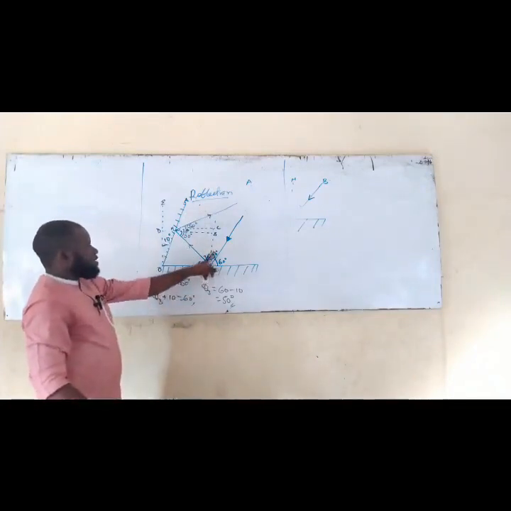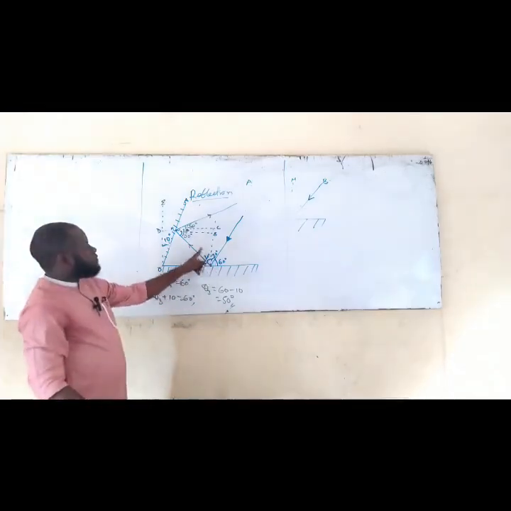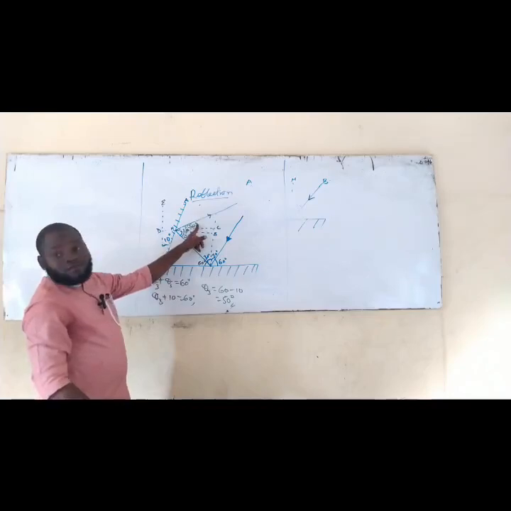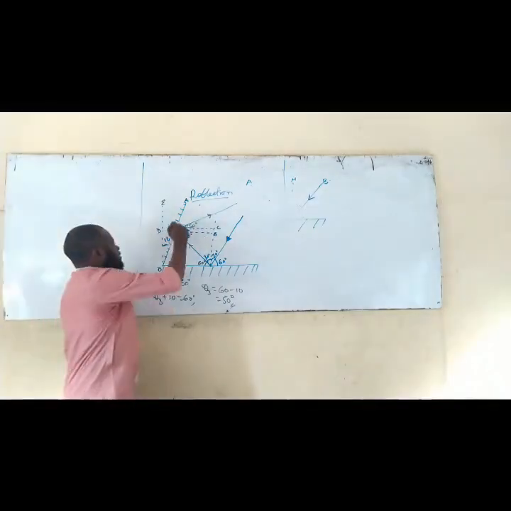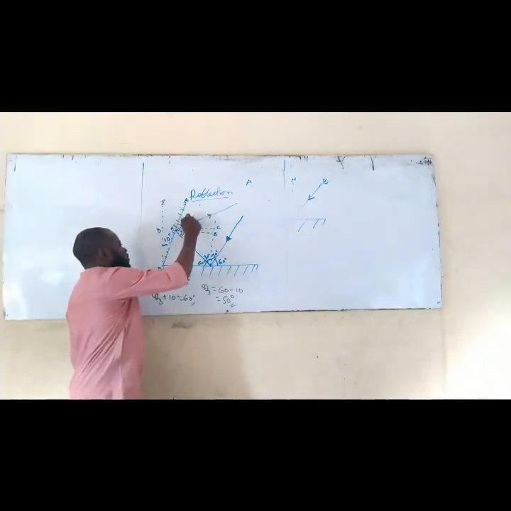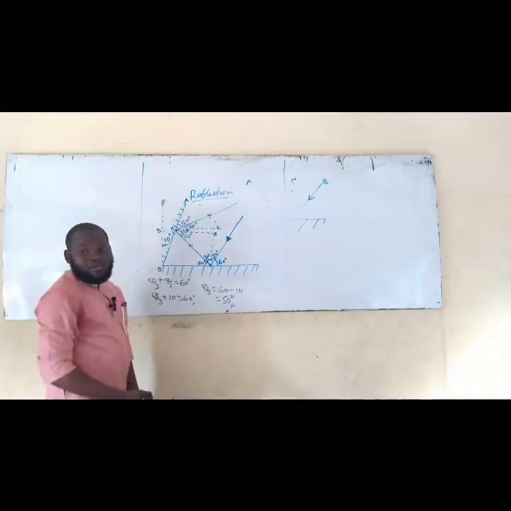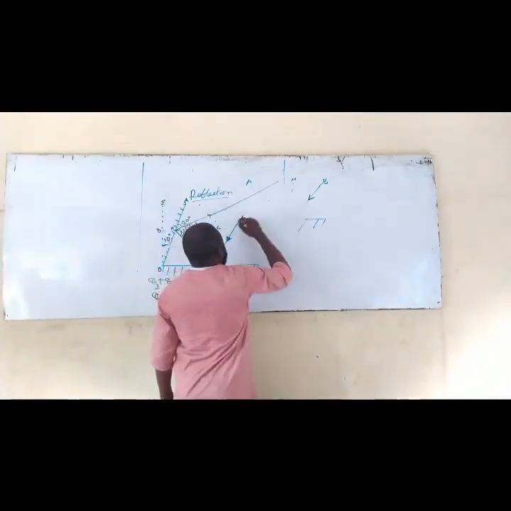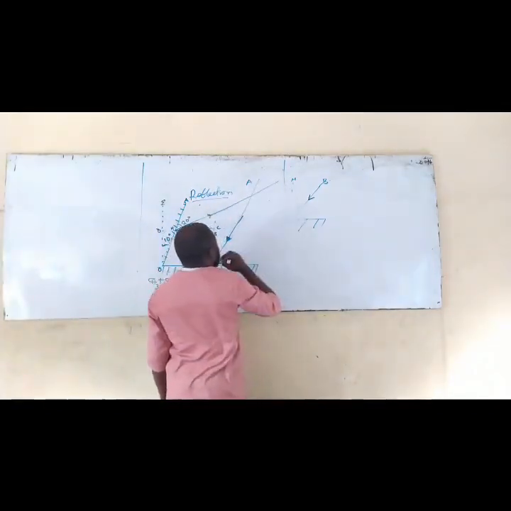So the question now is, what is the angle between them? So let's add. 30 plus 30, 60. Plus 50, 110. Plus 50, 160. So 160, that means this angle here is going to be 20 degrees. Okay, so if I extend this line like this, and I extend this line like this, are you seeing it now?